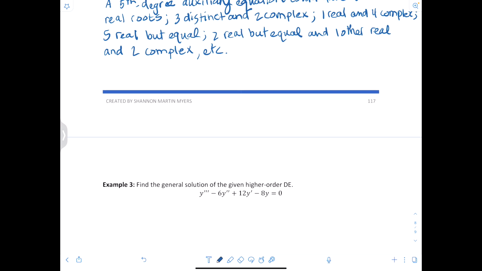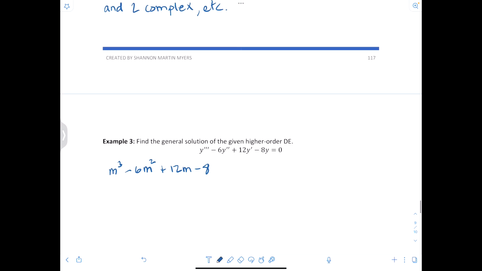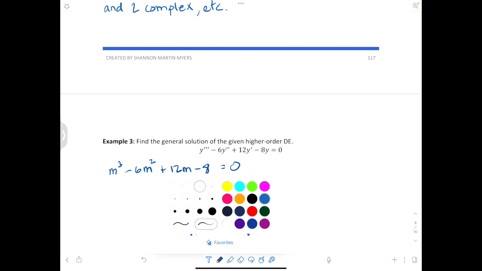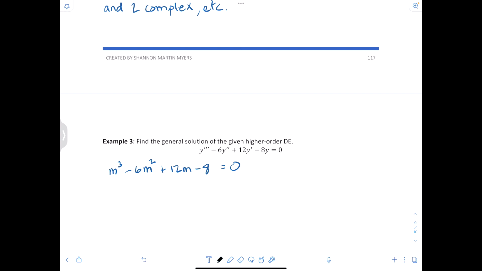The auxiliary equation is m cubed minus 6m squared plus 12m minus 8 is equal to 0. So you could go and look this up on technology.